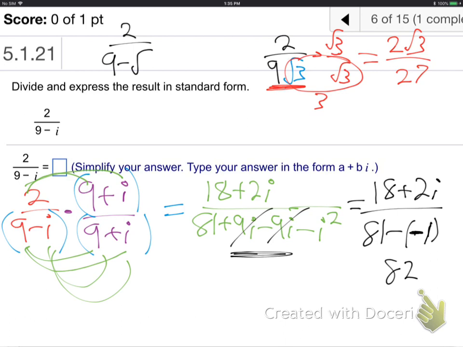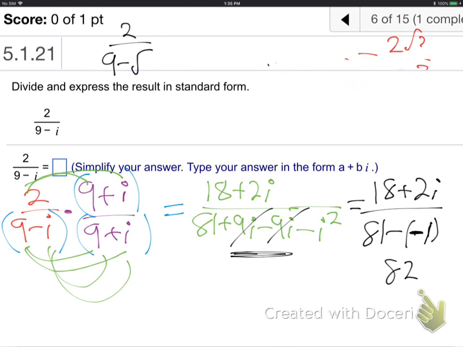So now, are we done? Very close, almost. Last thing is the format in which they want the answers. They want the answers in the a plus bi format, meaning they want you to separate the real part and the imaginary part. The complex number has both those parts. They want them separate. So that means right now I have 18 plus 2i over 82, right?